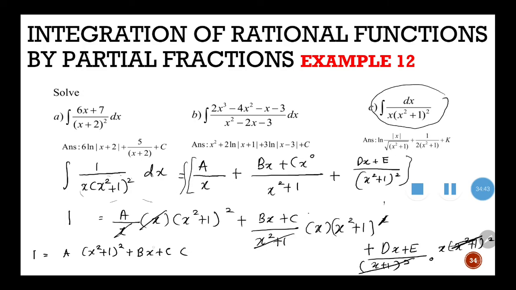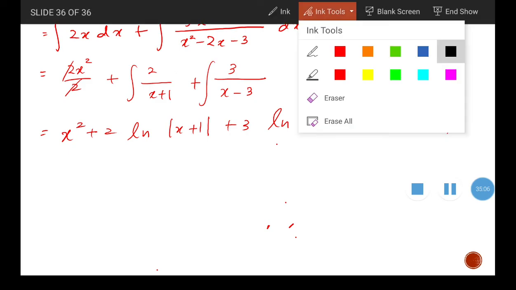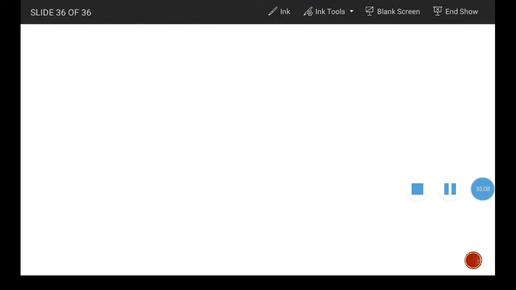Okay, or it can be bx squared plus cx times x squared plus 1, plus dx plus e, times x. So now I'm going to do it in this slide, so it will be clearer. Okay, I'm going to write it back here.